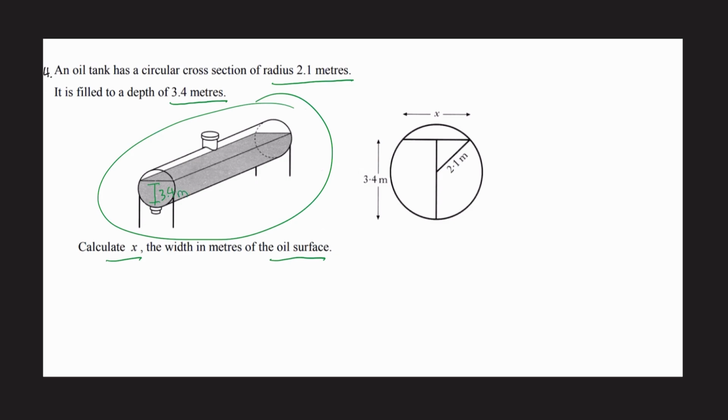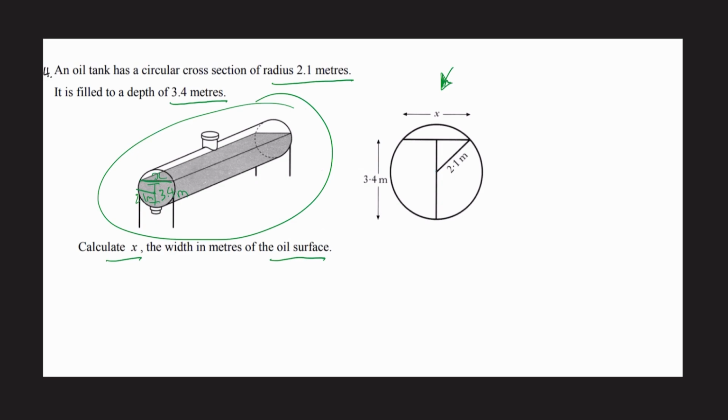And they've told us that the radius of the circle going here is 2.1 meters. They want to know what this horizontal surface at the top is. So we've got the shape drawn out here on the right, and they want us to work out what X is.